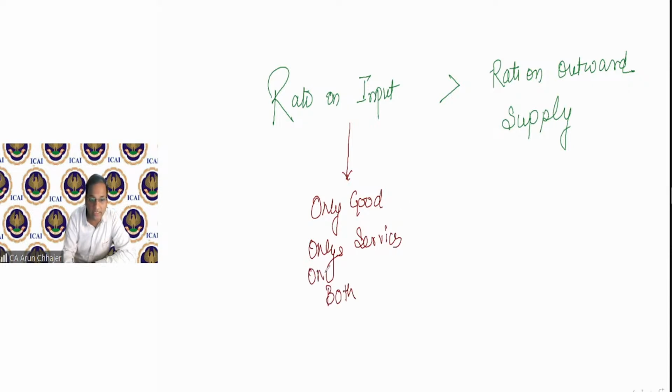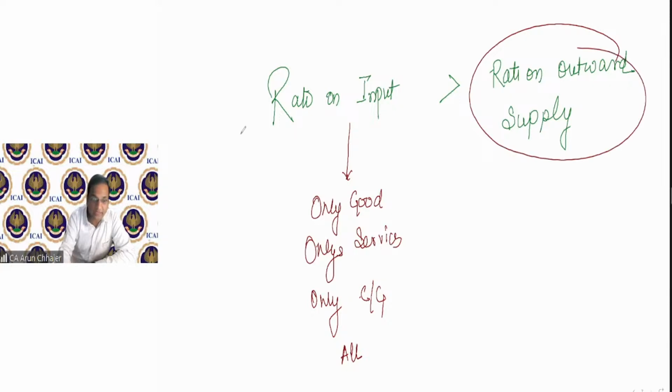Or let's say only capital goods, or all? Next question, rate on outward supply. So whether outward supply should be of goods, only services, or both?